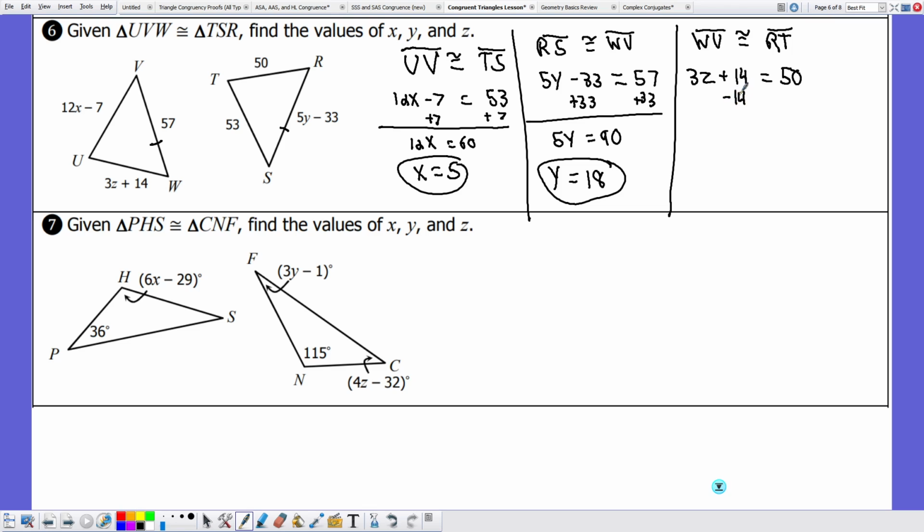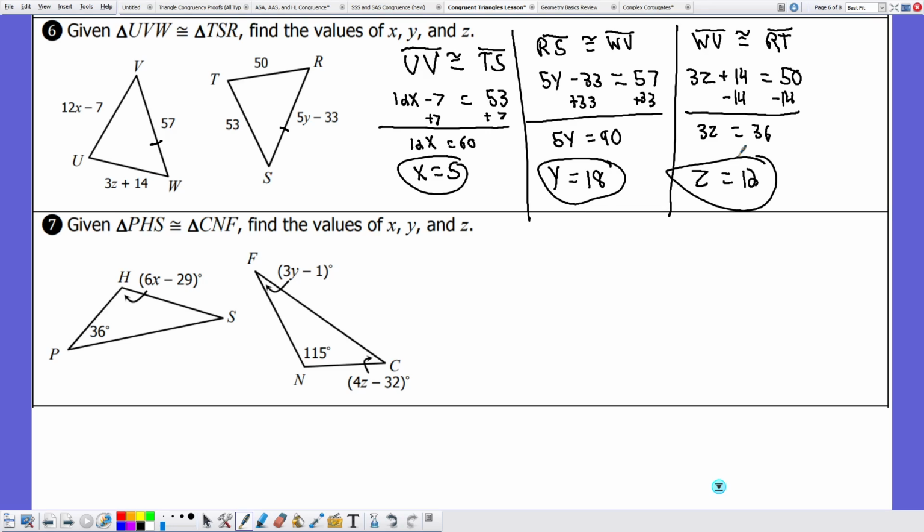Subtract 14 on both sides. We have that 3z is equal to 36. And if we divide by 3, we discover that z is equal to 12. So that first problem is done. It doesn't seem so bad. Let's try the next one.